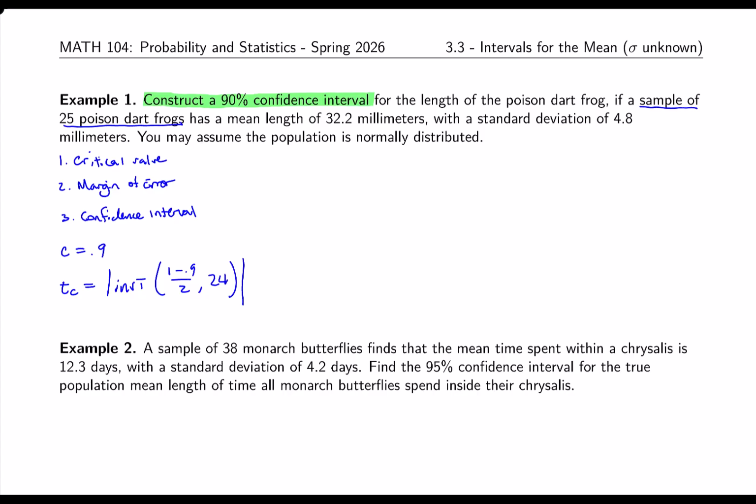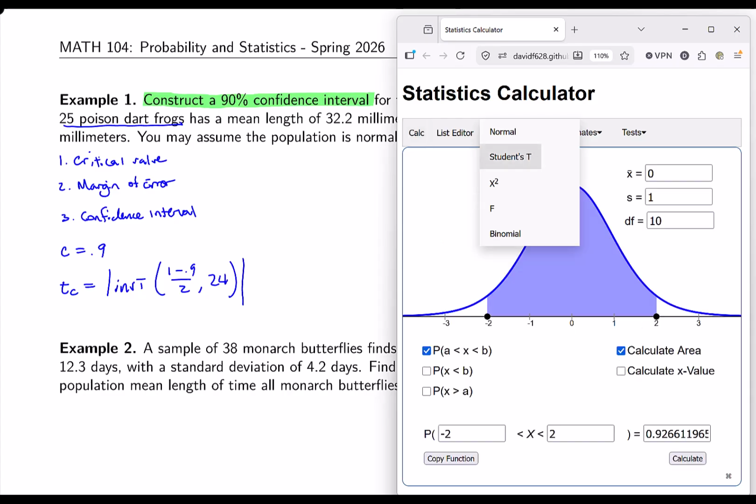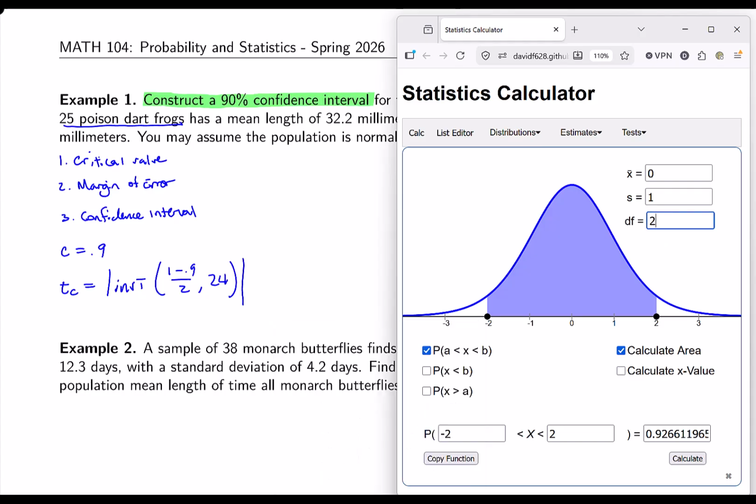Now, to do this on the stats calculator, just like with normal distributions, under the distributions menu, you have normal distributions, and right below it, students t. When you go into that function, it doesn't really look much different than the normal distribution calculator. You have an additional parameter here for degrees of freedom, and you can change that number, and it makes the curve look a little different depending on the number of degrees of freedom you're using.